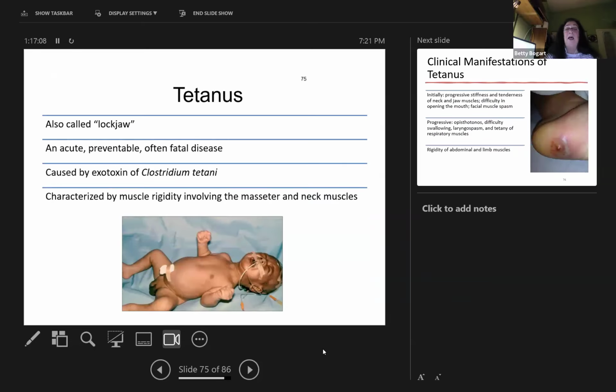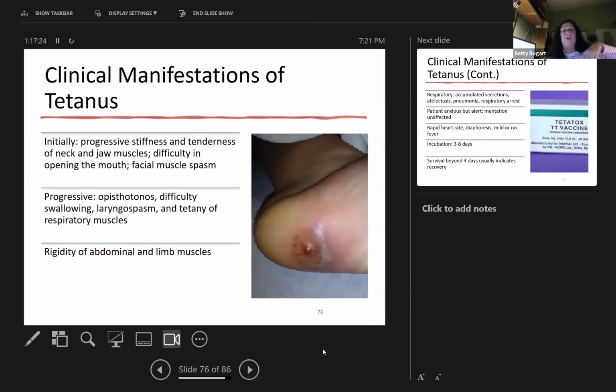Now, tetanus. I stepped on a rusty nail, right? Well, what happens with tetanus is they get this tetanus germ into them, and it attacks the neck and these muscles up here, and it squeezes them tight. And they go into like a laryngospasm, and then it goes into the arms, and it's like being spastic times 10.